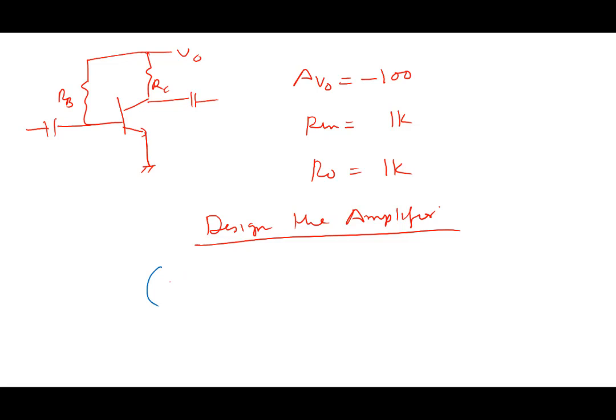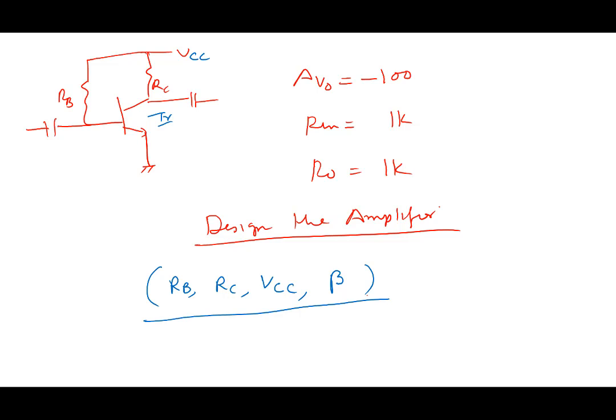Obviously, you'll have to give me RB, you have to give me RC, then, sorry, this is not V0, I keep making that mistake here, this is VCC. You have to give me the value of VCC, and you have to tell me what kind of a transistor you want. So basically, what kind of beta do you want? If I have these things, maybe I can go ahead and design the amplifier.